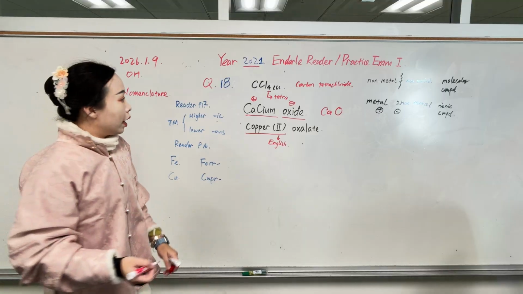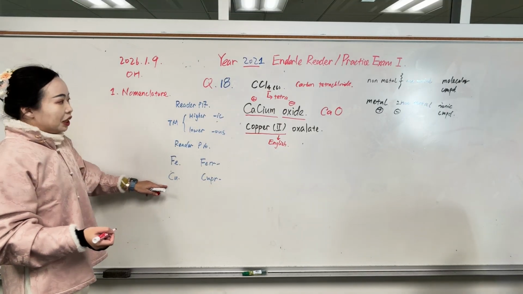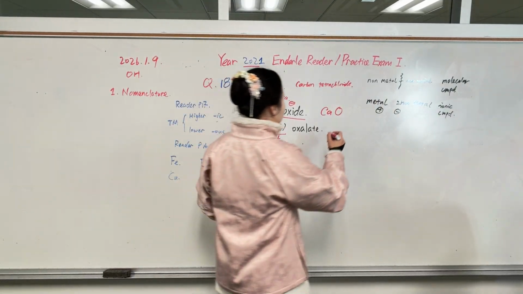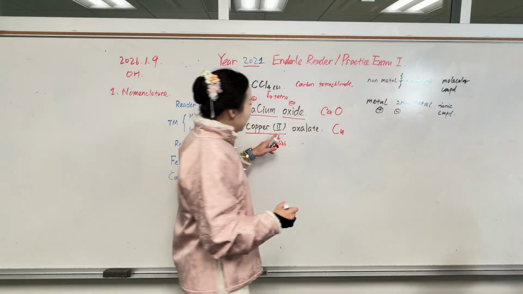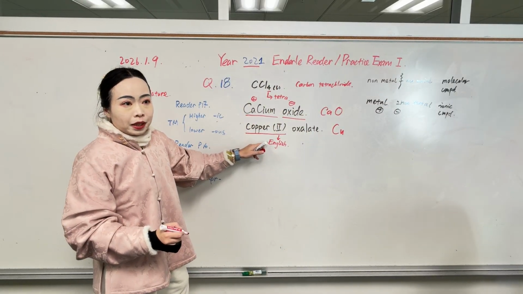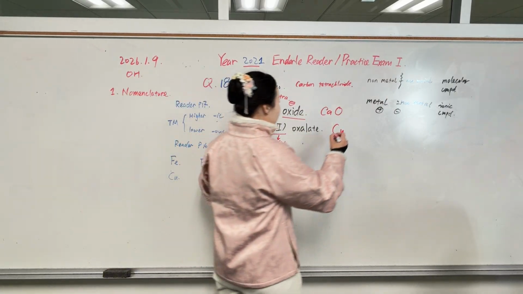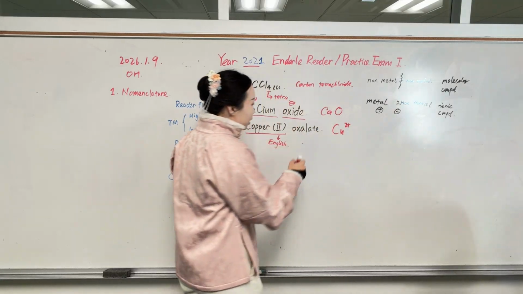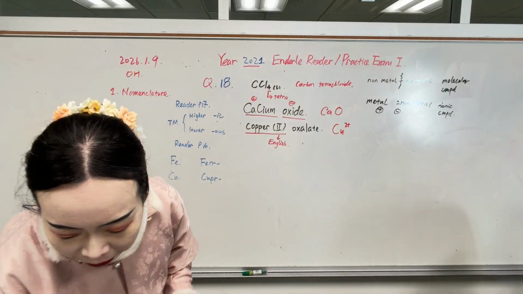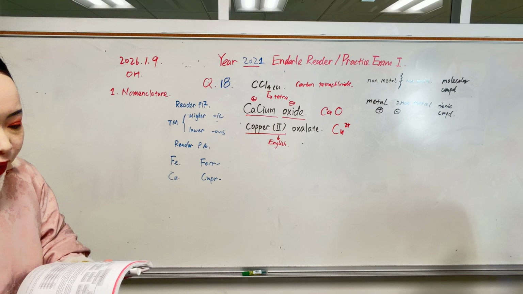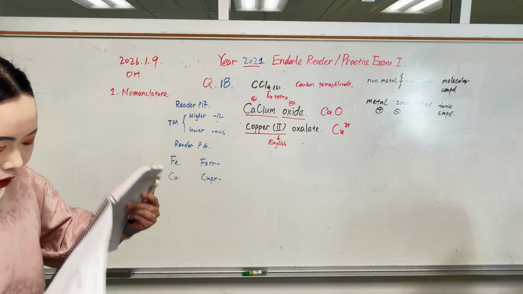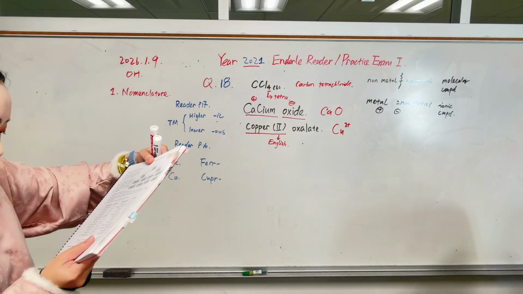Good? Okay. Copper, Cu. It's already telling me the oxidation state because there is 2 plus. Okay, oxalate. I'm also showing the page, and I also showed this in today's class, I'm just going to find it.